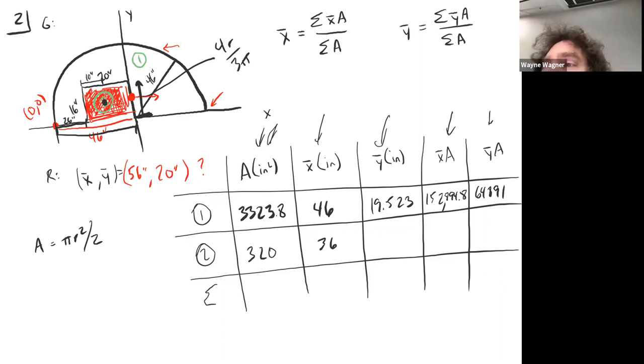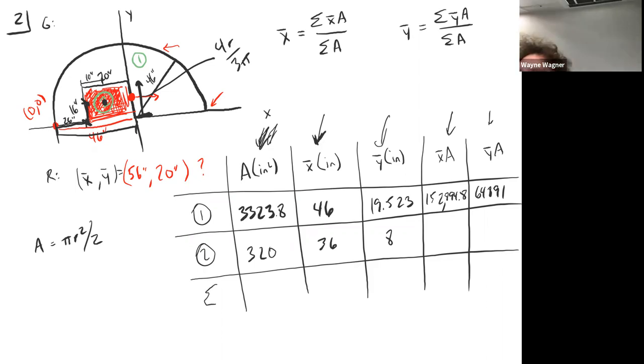And then let's see what else. Okay, so Y bar here is a little bit easier because we're just going to go up from the origin. So it's going to go up 8 right there. And then X bar A. So that's going to be this one times this one.